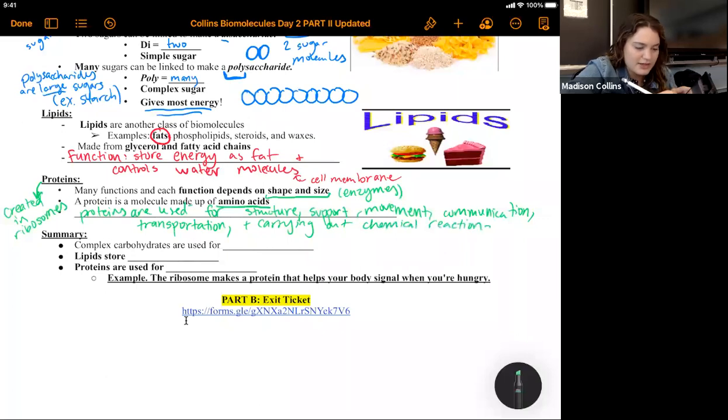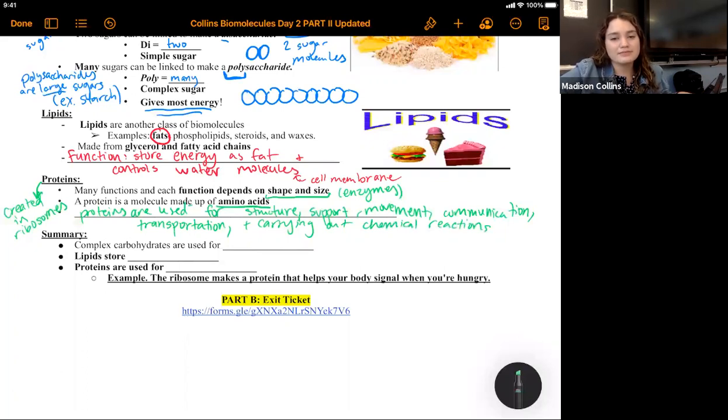All right. See, I knew I would forget one of those if I didn't write that down. So I had to write it down to make sure I got all of them for you. Proteins are used for structure, support, movement, communication, transportation, and carrying out chemical reactions. So proteins are super important, and we use them a lot.